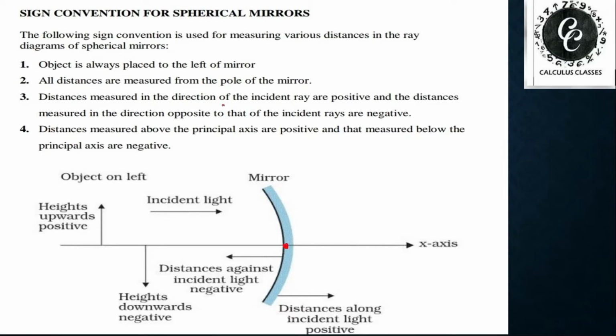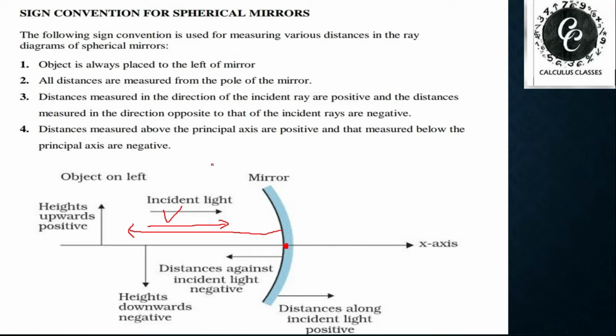Distances measured in the direction of the incident ray, that is, this is the direction of the incident ray, and if we measure any distance in this direction, it will be positive. So distances in the direction of the incident ray are positive, and distances measured in the direction opposite to that of the incident ray are negative. Suppose we are measuring in this direction, the opposite direction of the incident ray, so distances will be negative.